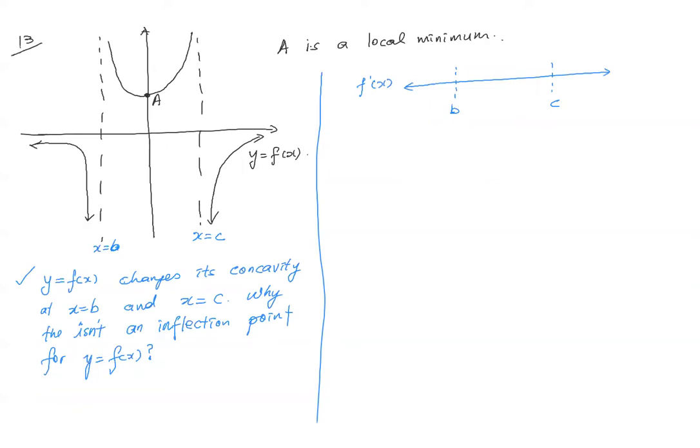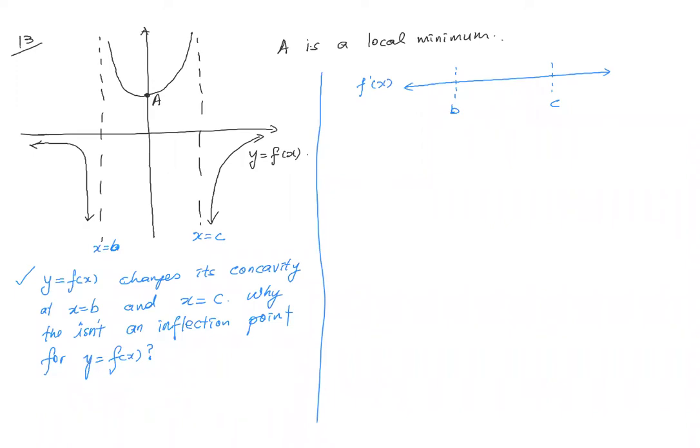Jen, how? Because the graph does not pass through b or c. Yes, because x equal to b and x equal to c is not part of the domain, and there is also the vertical asymptote. Am I right? Yes.